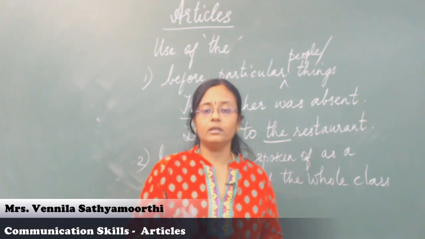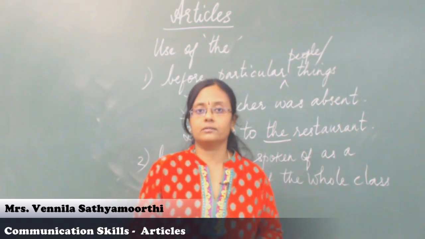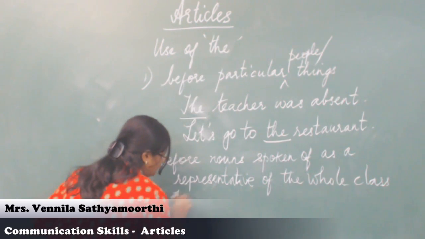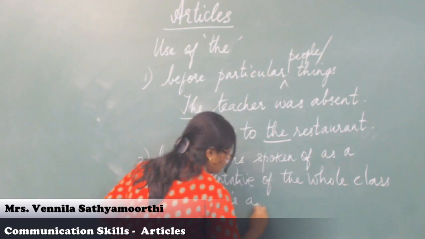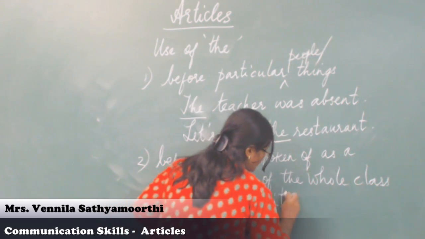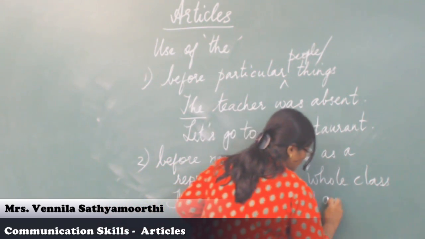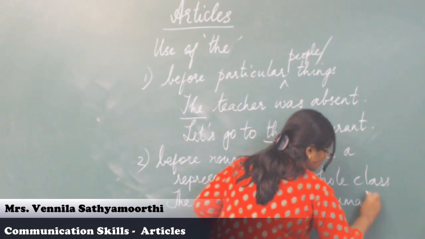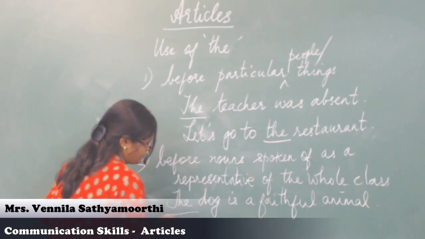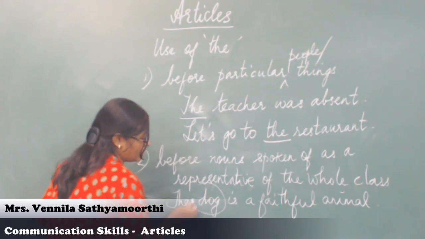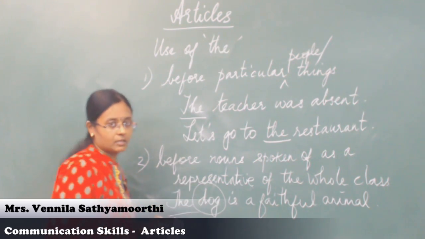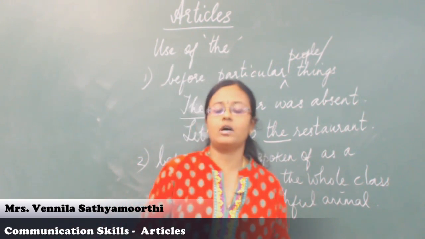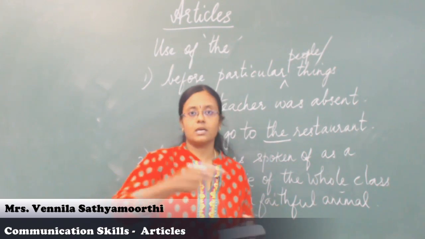There you mean dogs in general. The dog is a faithful animal. Here this singular noun represents a whole class. Then you can say the rose is a beautiful flower, which means roses in general.